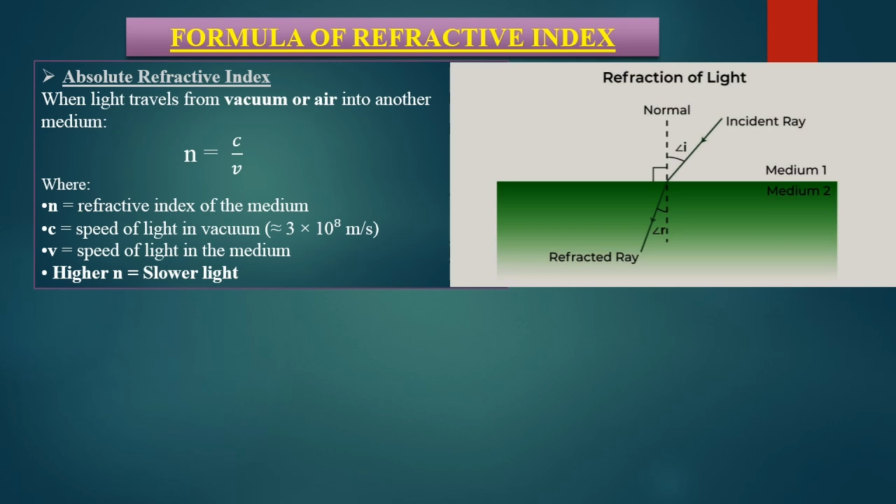The refractive index is the ratio of how fast light moves in vacuum compared to how fast it moves in the medium. Higher n means light moves slower in the medium.